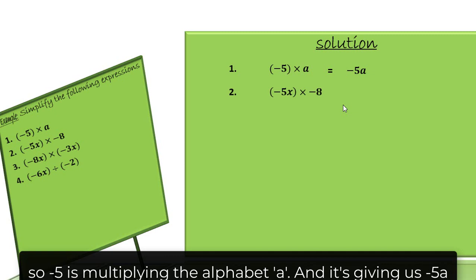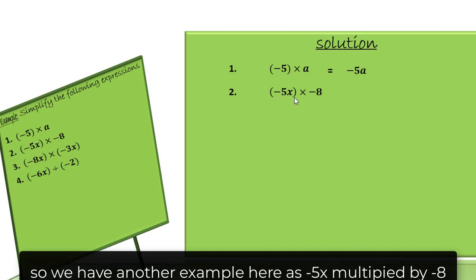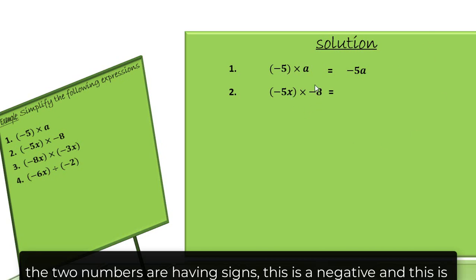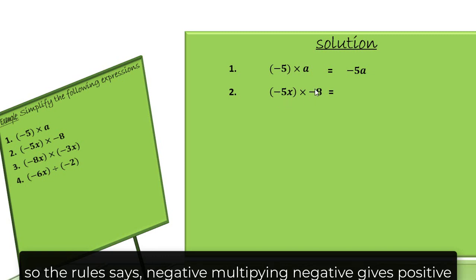So we have another example here. This is minus 5x multiplying minus 8. Negative 5x multiplying a negative 8. How does that work? The first thing is the two numbers have signs. This is a negative and this is a negative.